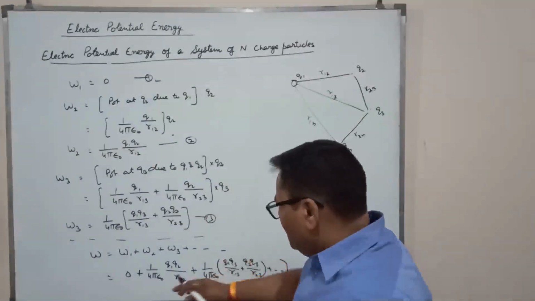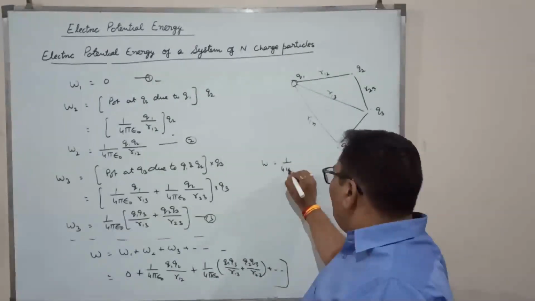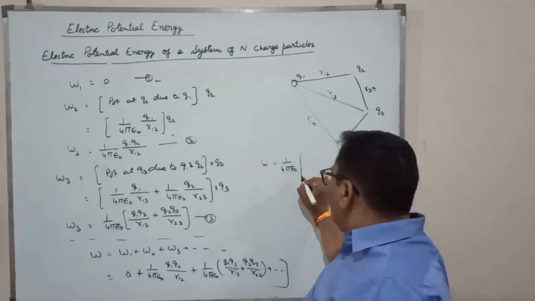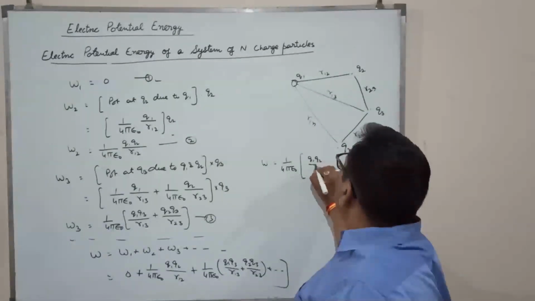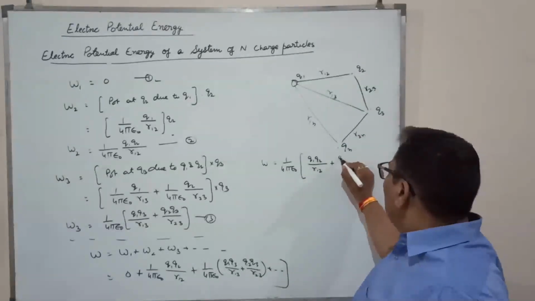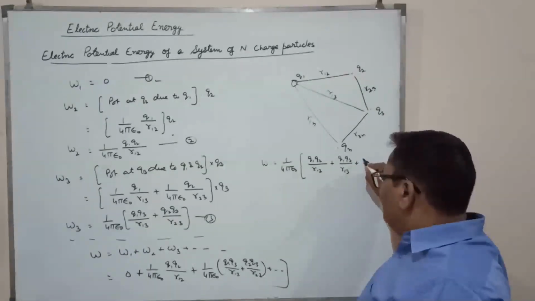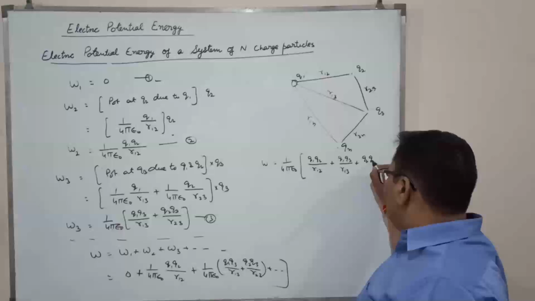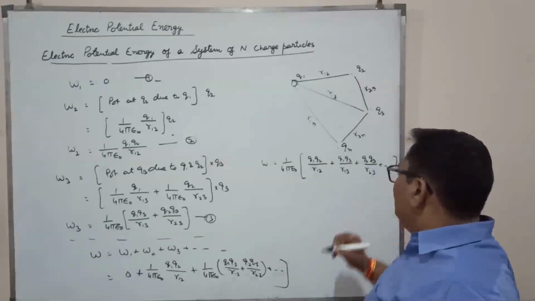Now W is equal to 1 upon 4 pi epsilon 0 common, and Q1 Q2 upon R12 plus Q1 Q3 upon R13 plus Q2 Q3 upon R23 and so on.